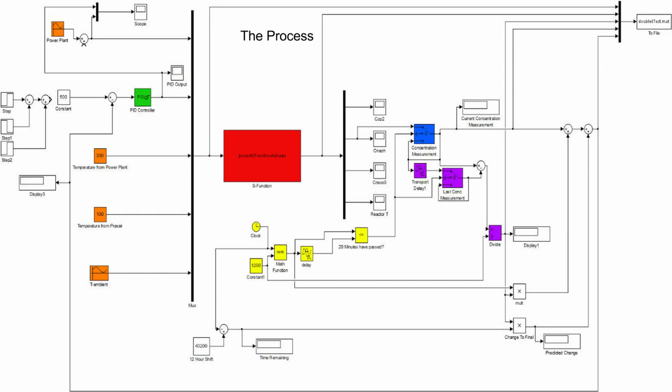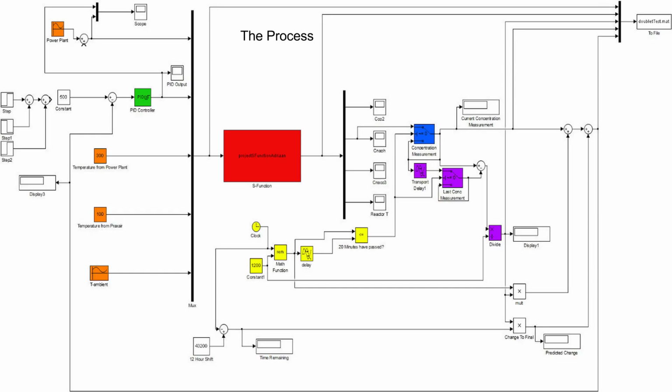Alright, so in order to simulate this real life model, what we did was we took inlet streams. We took the flow from the power plant, we took flow measurement from our Praxair trailer, our temperature from both the power plant and from the liquid CO2 in the trailer, and then we took our ambient temperature and plugged them into a MATLAB S function that models the reactor dynamics in order to get the concentrations of all of the different things in the reactor.